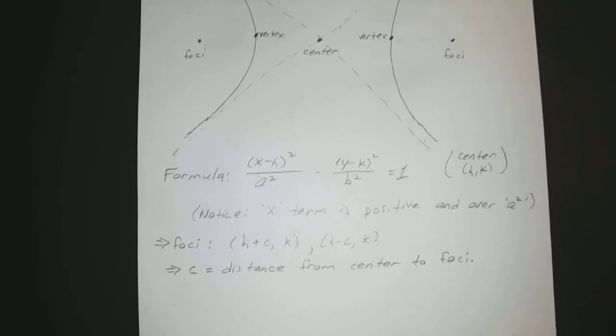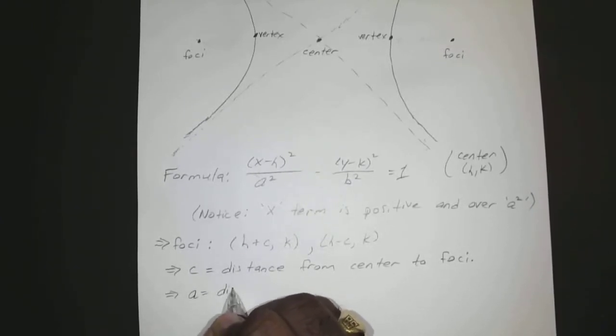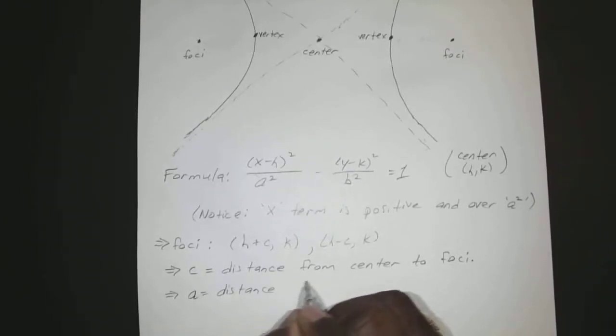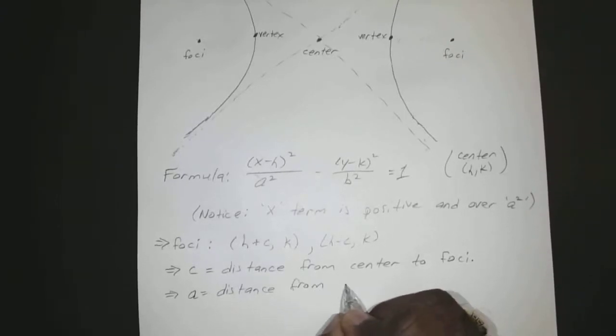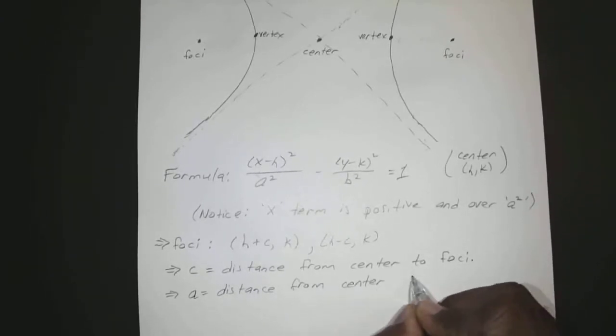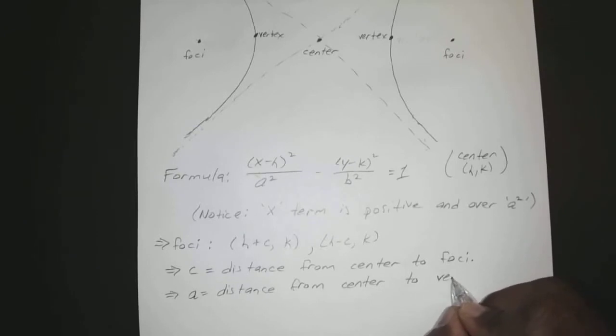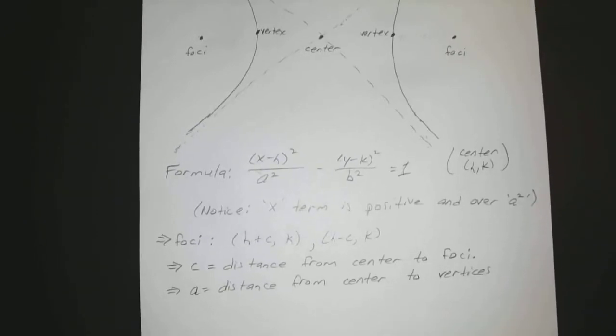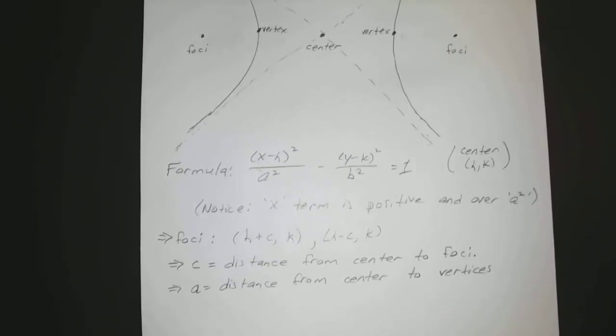Now a is the distance from the center to the vertices. Okay.